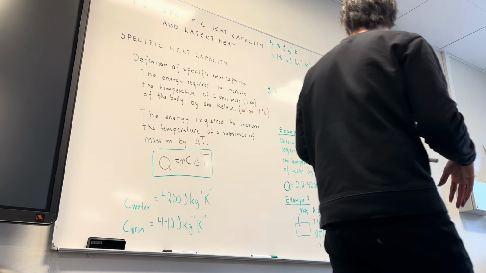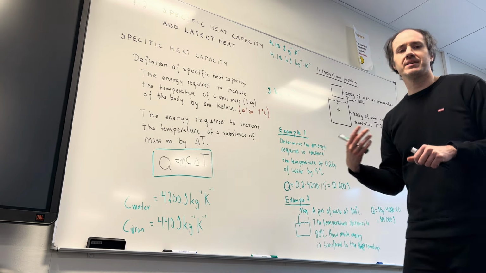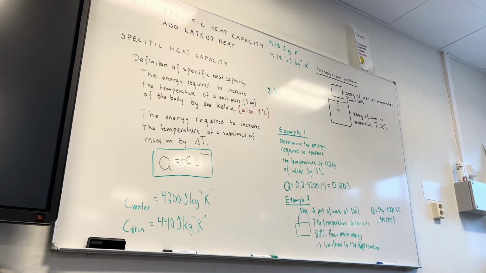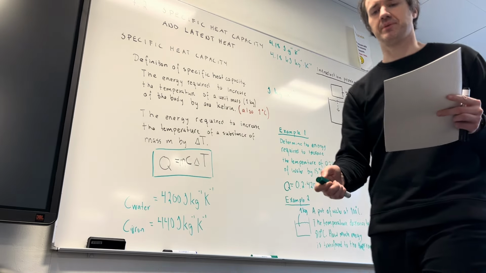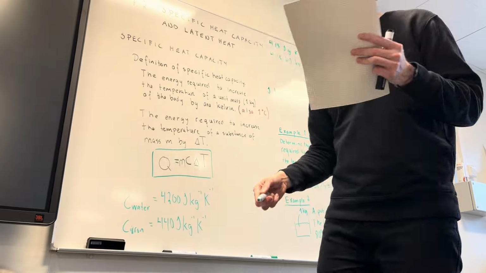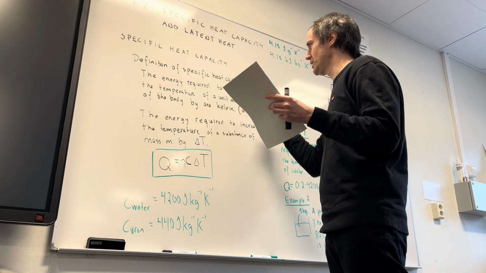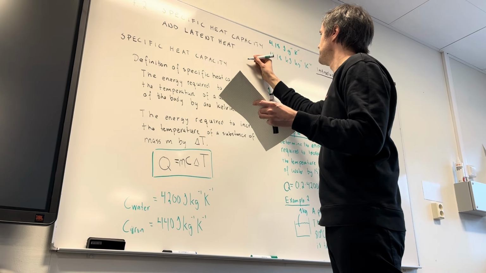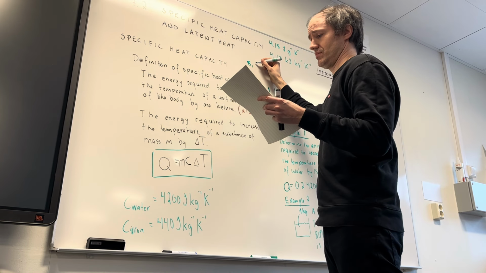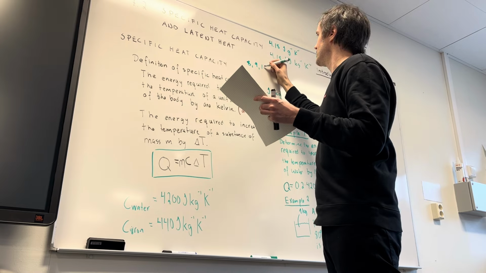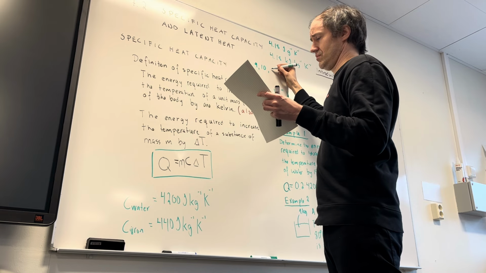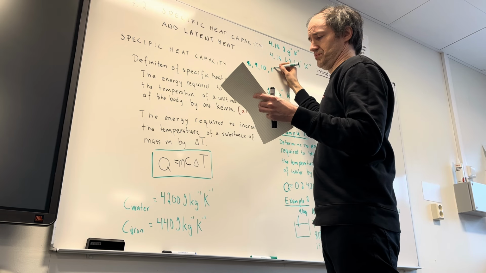Then you're safe. Alright, so I'm going to write up some questions you can start with, and then we will soon start with a lab. So we can do questions from the book: 8, 9, 10, 13.